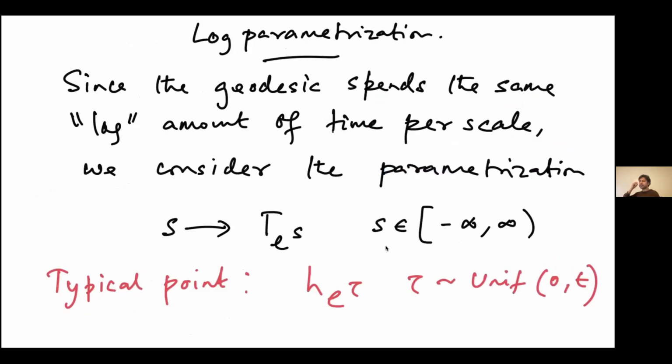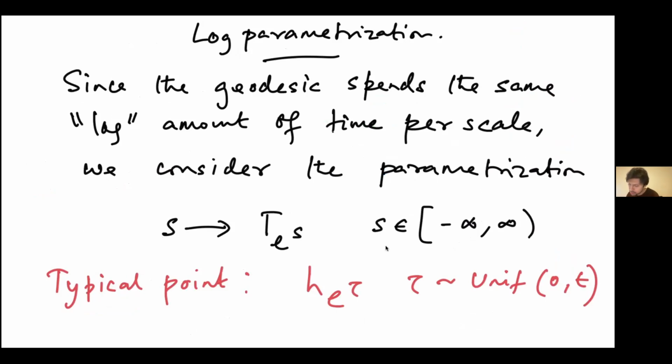And then the other thing is, how do we parameterize the geodesic? So the geodesic is this infinite object, and because of this log correlation, the geodesic spends an equal amount of log time per scale. So that makes it natural to look at the geodesic via log parameterization. This is what I mean by that. Think of this map from the real line to the geodesic, where s maps to gamma of e power s.